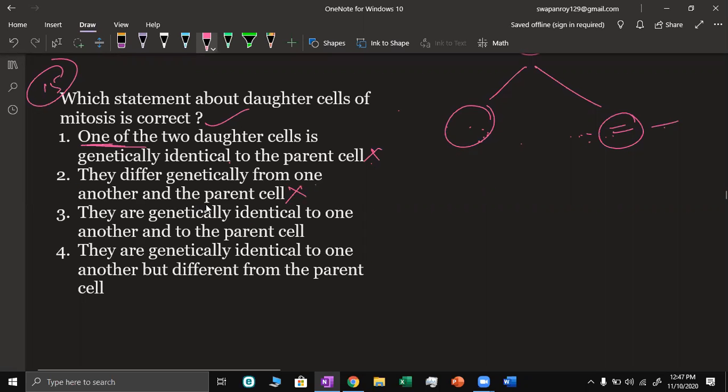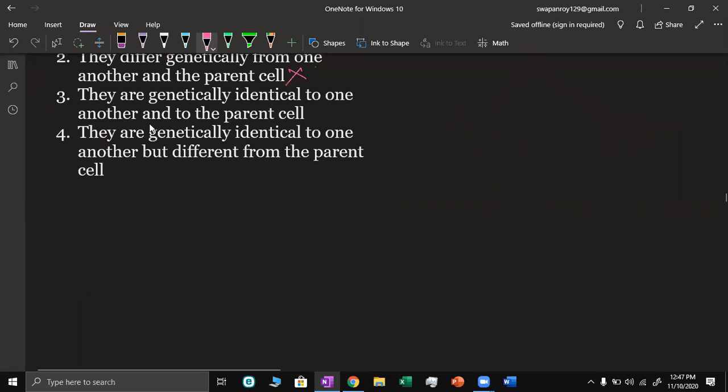They are genetically identical to one another and to the parent cell; this is correct for daughter cells produced in mitotic division. So number 3 is correct.